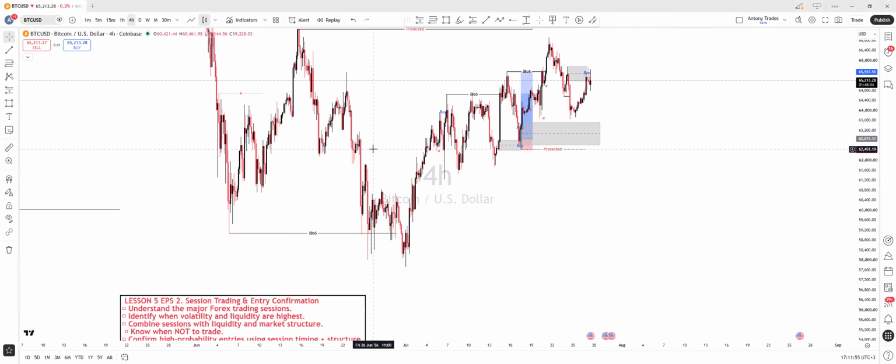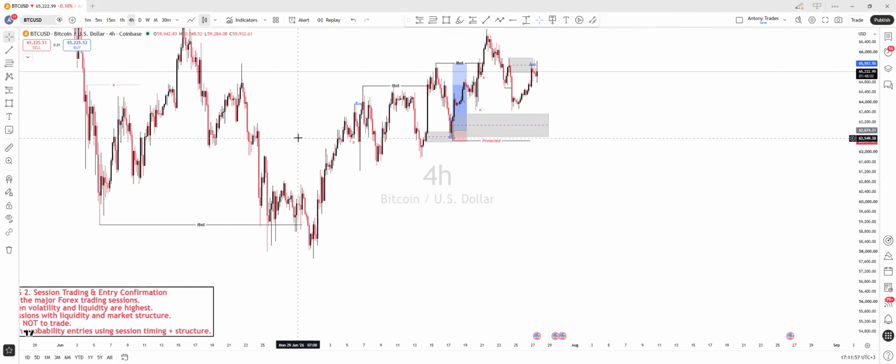Since we have covered liquidity and how to do the top-down analysis, analyzing the market from the higher time frame down to the lower time frame, now we should go down to the lower time frame and look at how we can look for this entry confirmation.